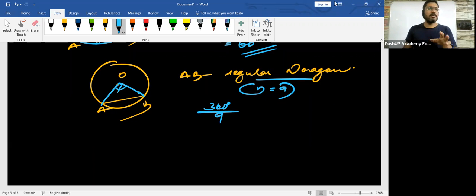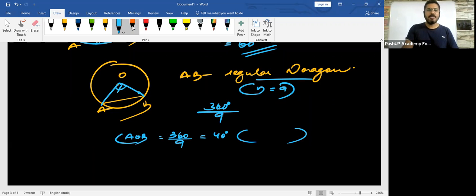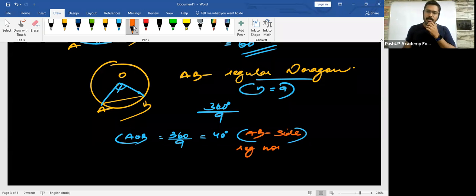And children, this is one property which you don't have to mention in the board paper. Suppose you are finding angle AOB. You wrote angle AOB is equal to 360 by 9. That is equal to 40 degree. You just need to mention AB is the side of a regular nonagon.